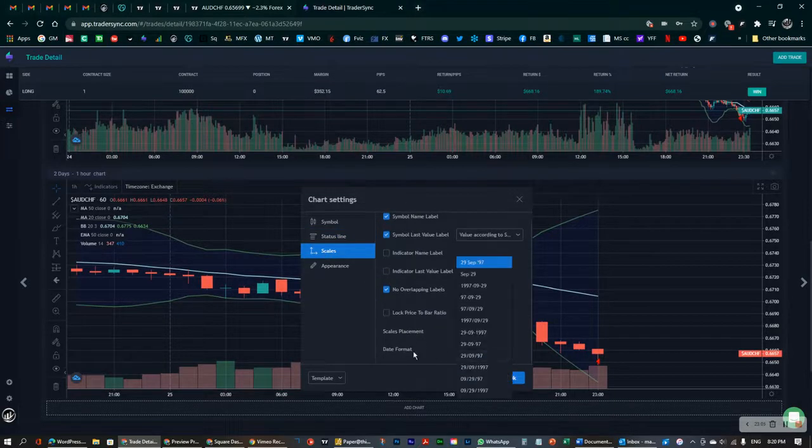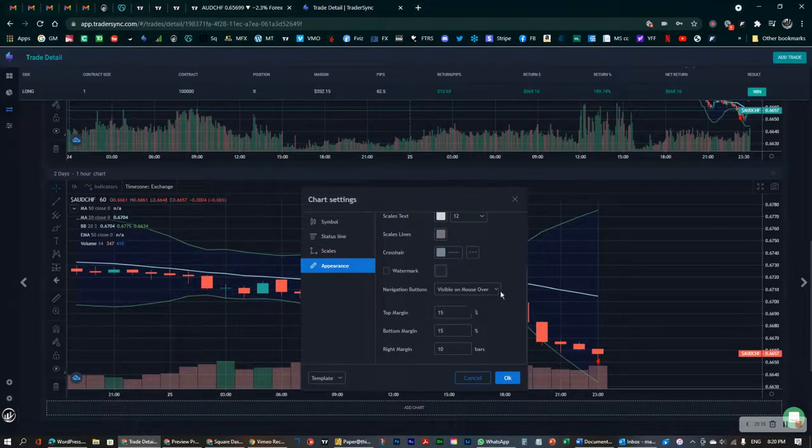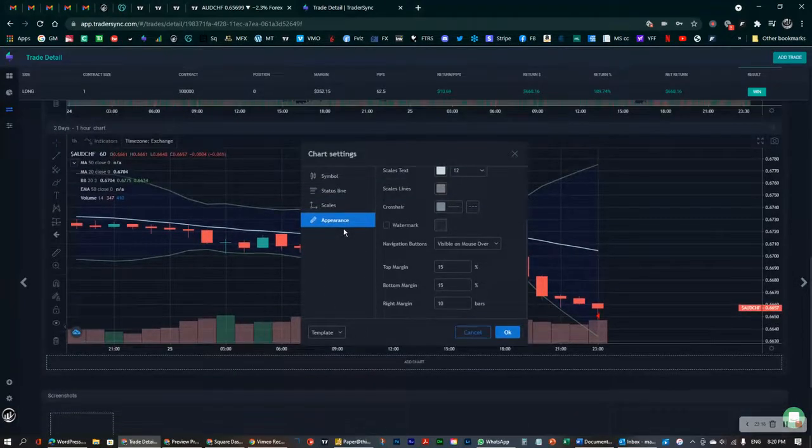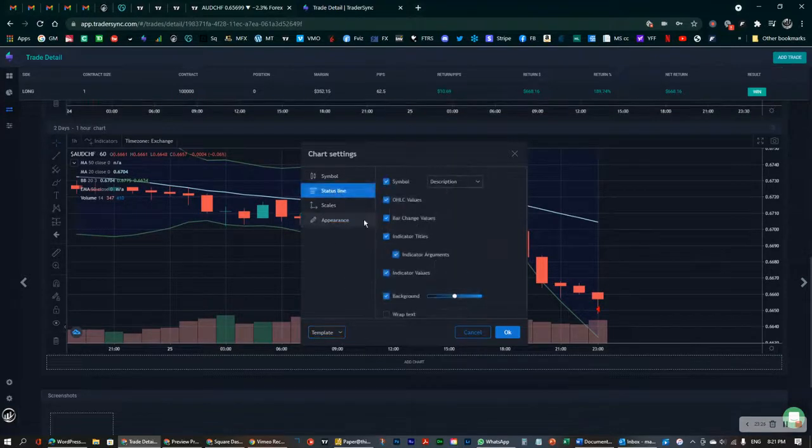Date format. Scales text. Session breaks. Apply defaults. Not what I wanted.